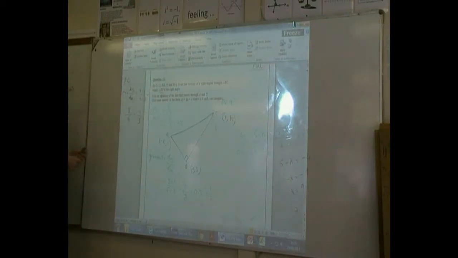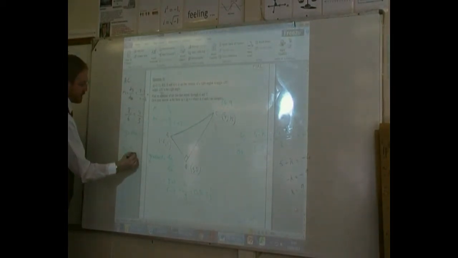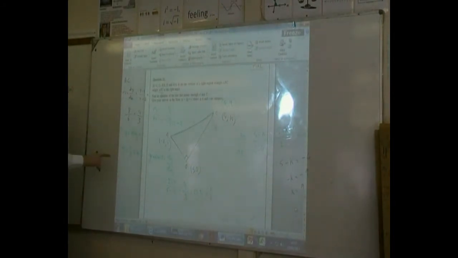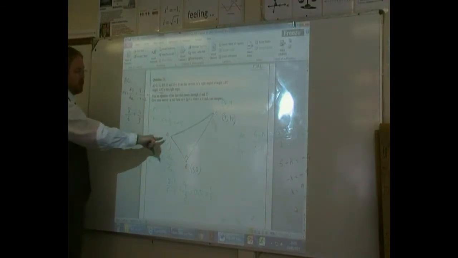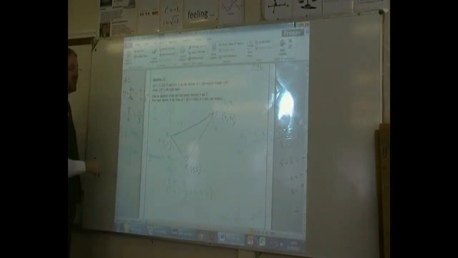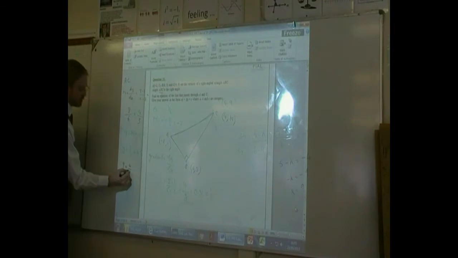Let's put it into the equation of a line formula. So we've got y equals mx plus c, so y equals 4/3 of x plus c. We put in one of our two coordinates. Well, 4, 9 looks easier to put in, so I'm going to put that one in. So 9 equals 4/3 of 4 plus c.